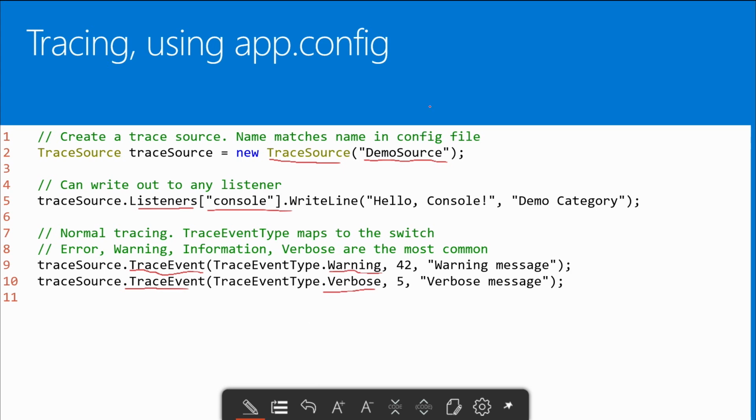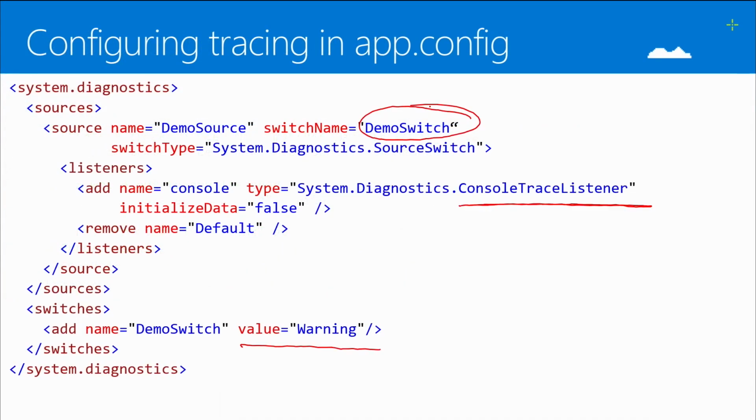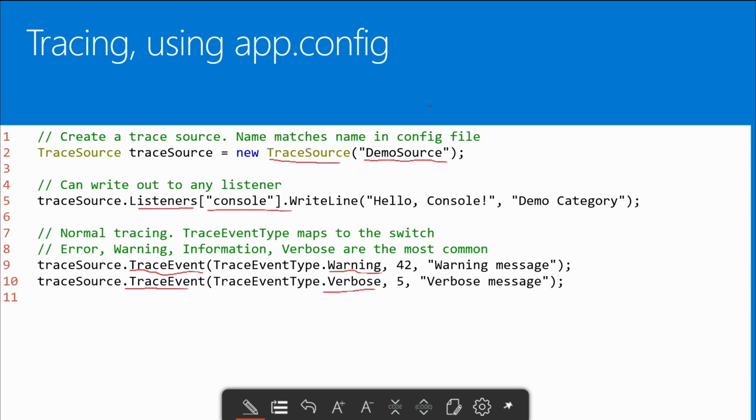The way that it's going to know whether or not it should actually write out is based on the switch value here. So with us having this set to warning, the warning message would actually be written out, but the verbose message would not. If I change that value inside the config file to maybe verbose, then both the verbose and the warning message would get written out.